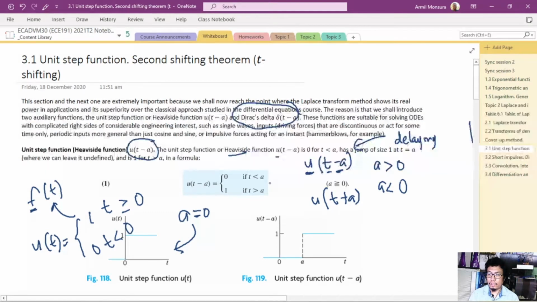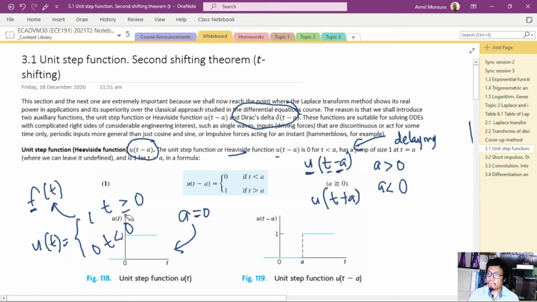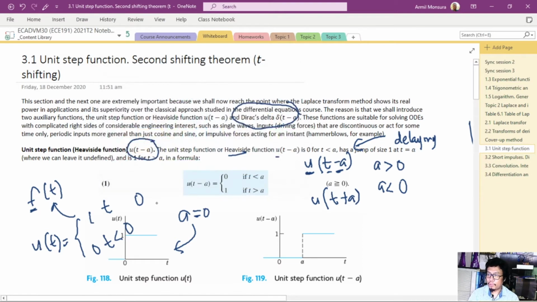Although in the reference that I'm using, the definition is simply greater than, not equal to.